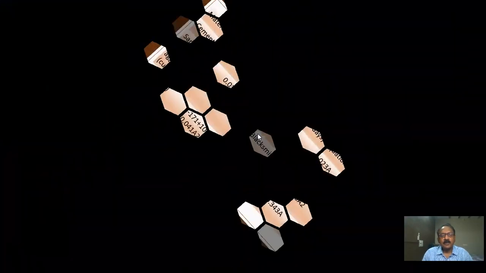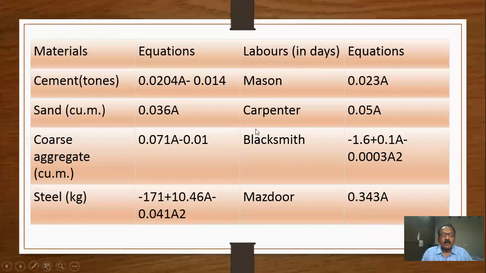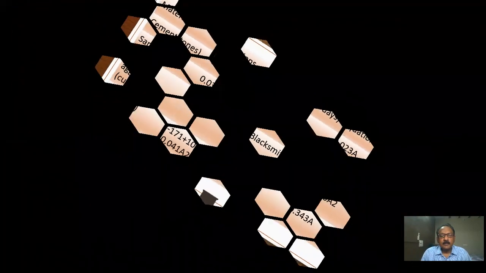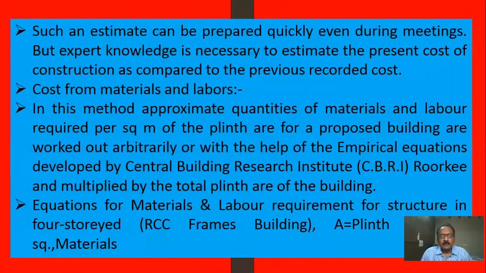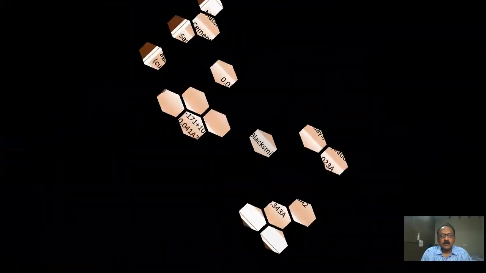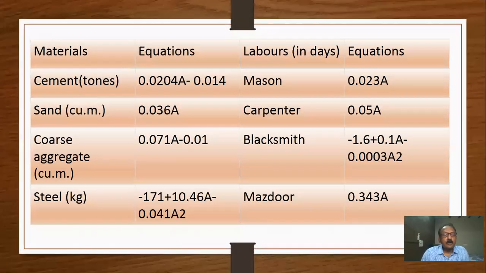This is one of the tables given by CBRI, the Central Building Research Institute, Roorkee. It has material equations and labor equations. Here A is the plinth area, for cement, sand, aggregate, and steel.